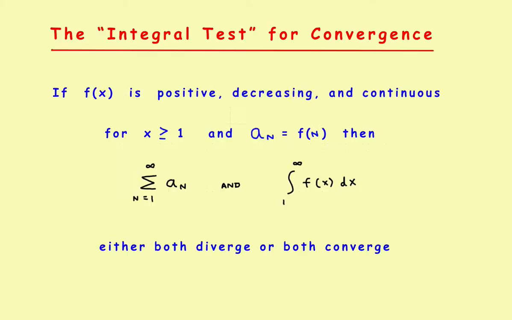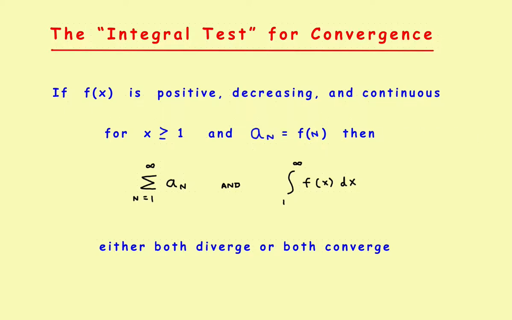So now back to the rule. What the rule says is this. Starting with this, this is what you're given. Then the next part is to find out whether this sequence converges or diverges, you're going to come up with a function that models the sequence. And that's what this part means right here. So at each value of n, if the value of the function is equal to one of the terms of the sequence, then you'll have a function that will go through each one of those points.